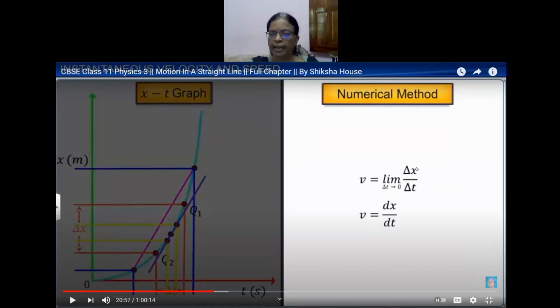We found the average velocity by reducing the time, so we put a limit on the time, and that is what we got as the instantaneous velocity. So limit delta t tends to 0. When the time interval tends to 0, not 0 children, tends to 0, the average velocity is the instantaneous velocity.